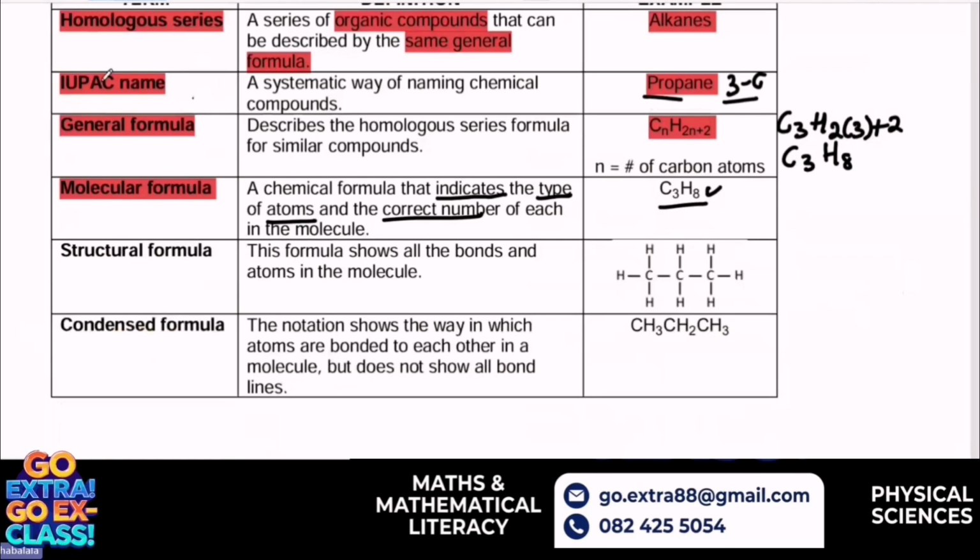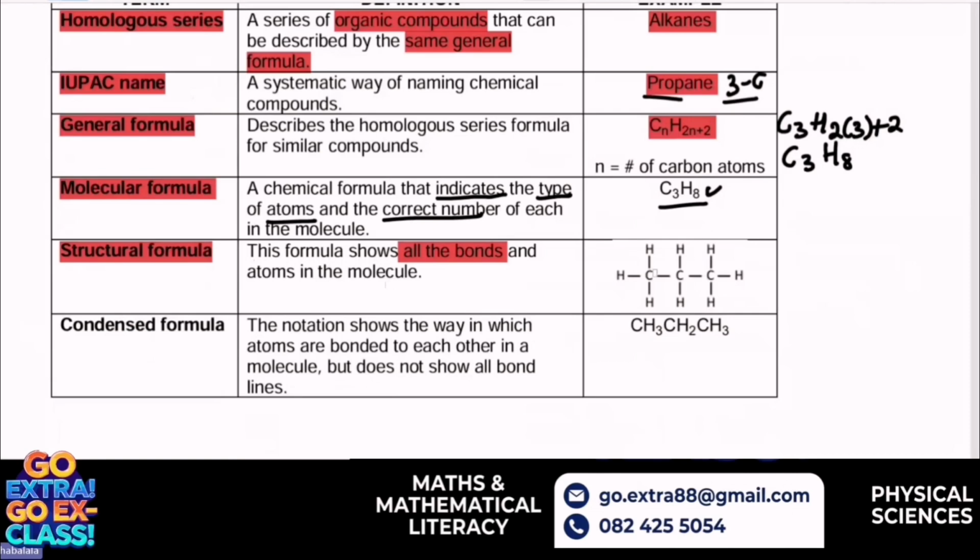We're also going to discuss the structural formula. This formula shows all the bonds, which are the covalent bonds that we discussed earlier on, that carbon has 4 covalent bonds. So in a structural formula, we show all the bonds and the atoms in the molecule.